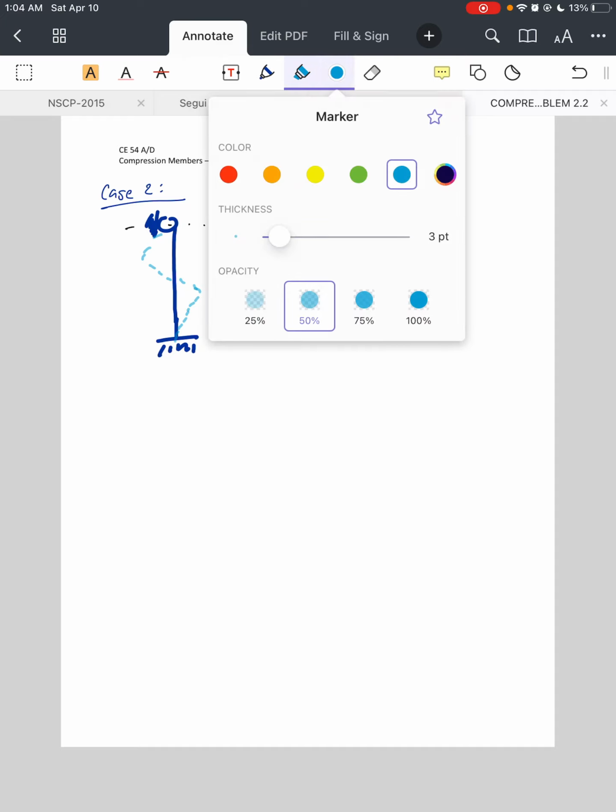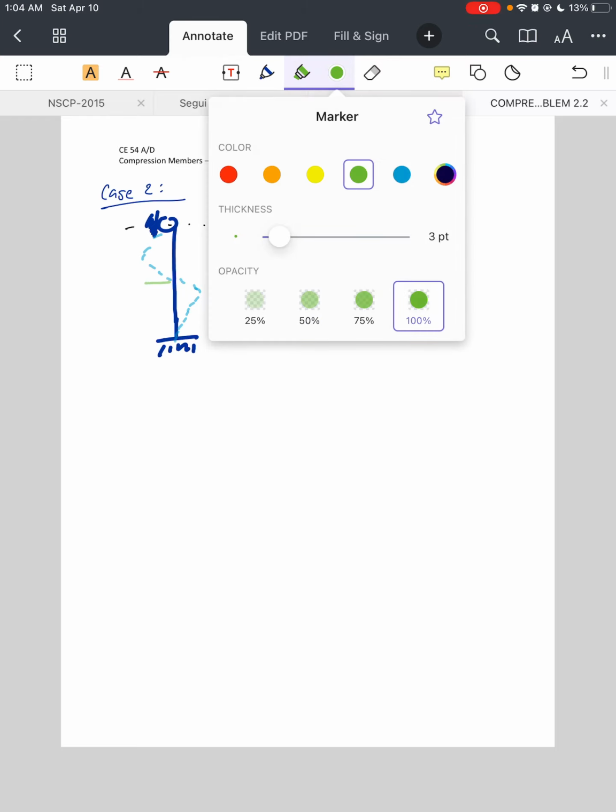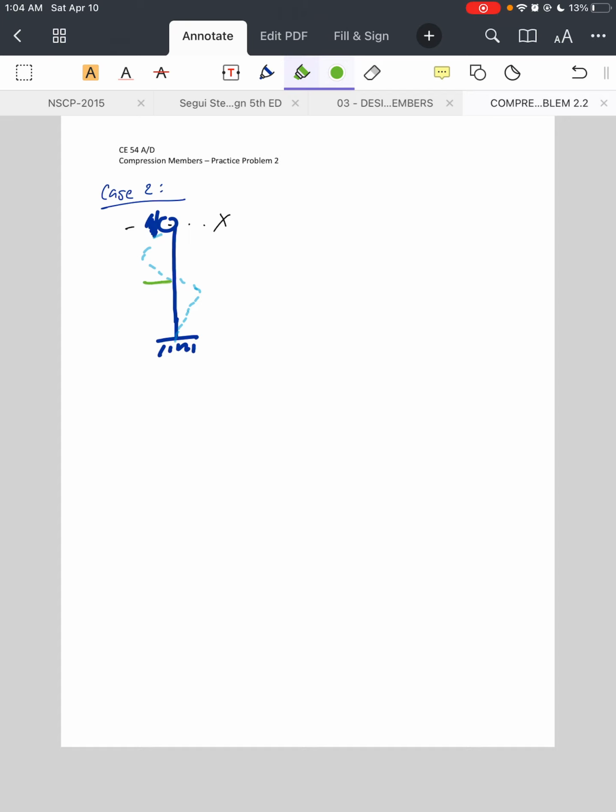Okay, kasi meron ka dito, remember meron kang brace dito, di ba? Okay, again, this is 3 meters and 4 meters.